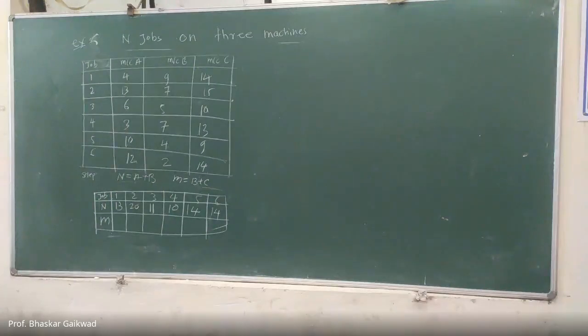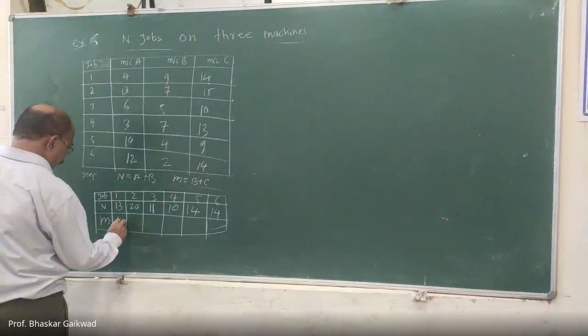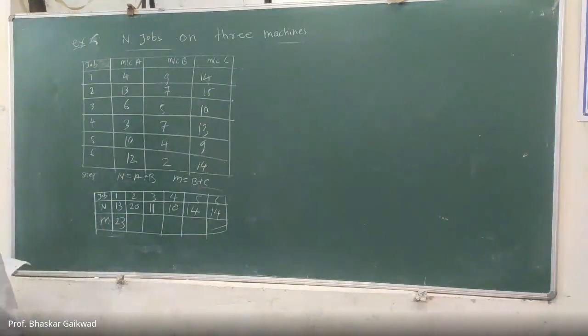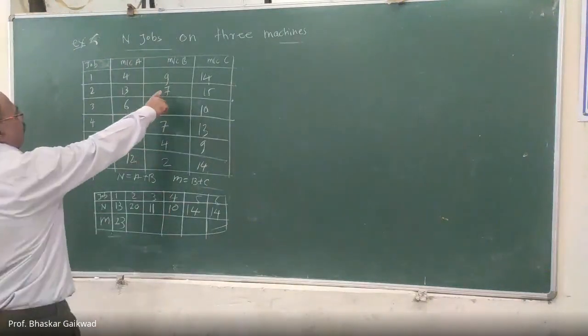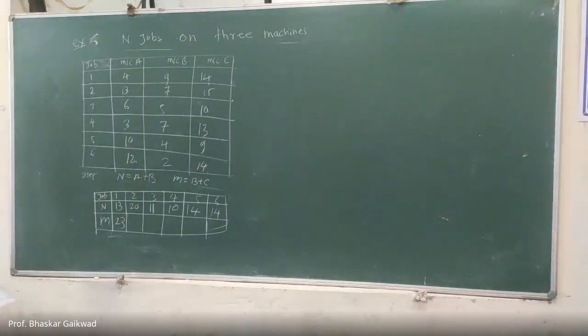Now B plus C is equal to M. For job 1, 9 plus 14, 23. Job 2, 7 plus 15, 22.